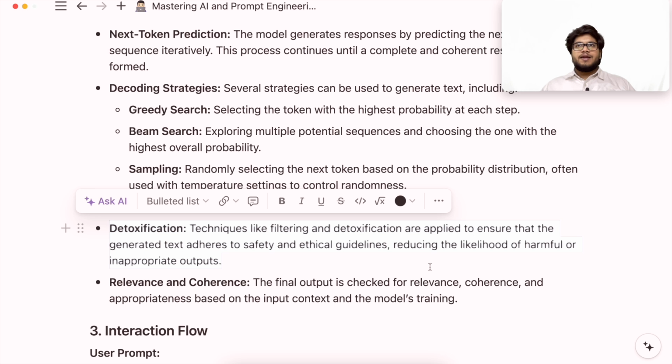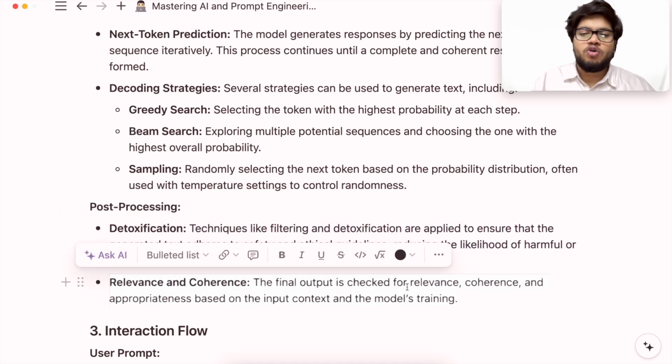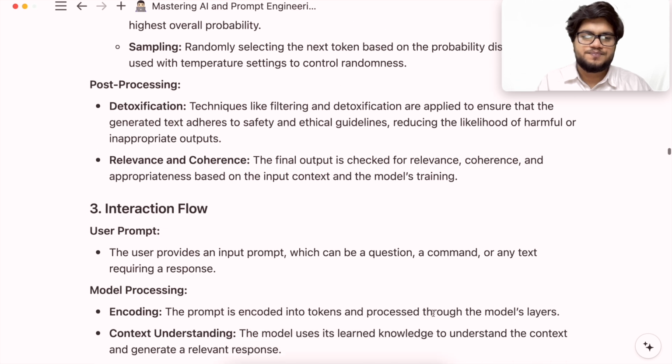It has a lot of ethics. It will never give you a wrong output or a wrong answer to a wrong prompt. You understand? Wrong, right? Now, relevance and coherence. The final output is checked for relevance, coherence, and appropriateness based on the input context and the model's training.